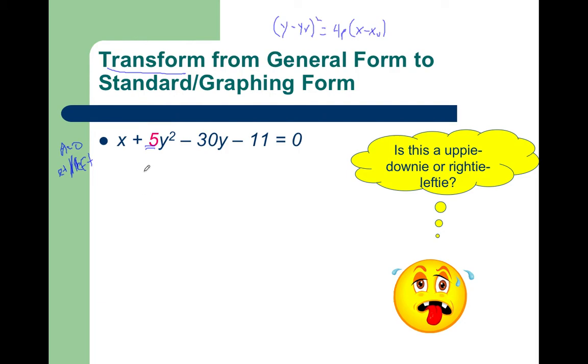So the first thing I'm going to do to try to match this form is get the squared terms over by itself and the not square terms over on the right. I'm going to factor a 5 out of here and leave room for completing the square.